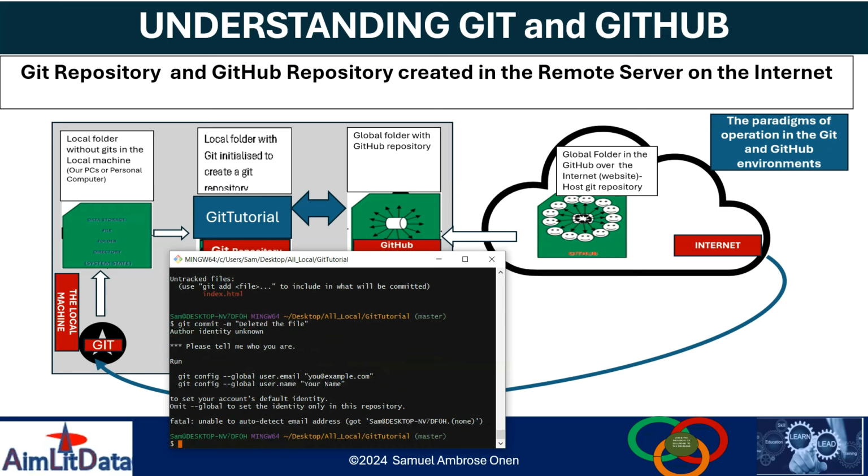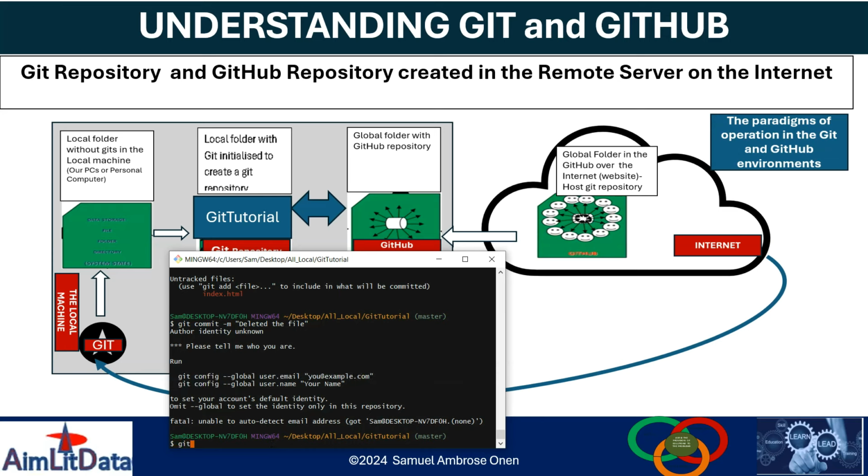You see, because we are in the process of clearing and cleaning the repository, and the user or the author, the committer, is not known by the Git program, therefore we are not able to complete our committing. That's why Git is saying, tell us who you are. So we are not doing that. I will show you how to commit later.